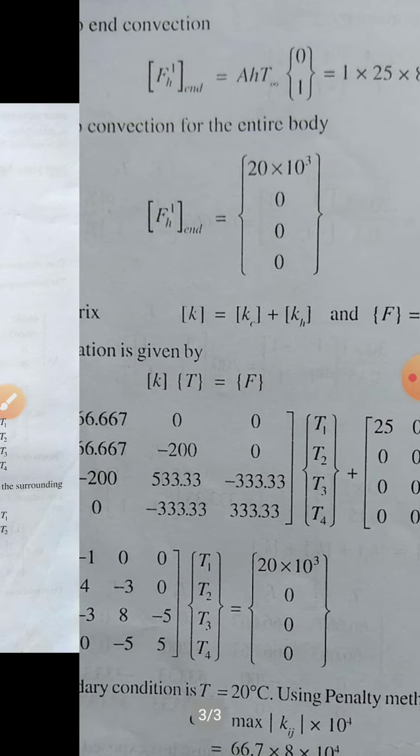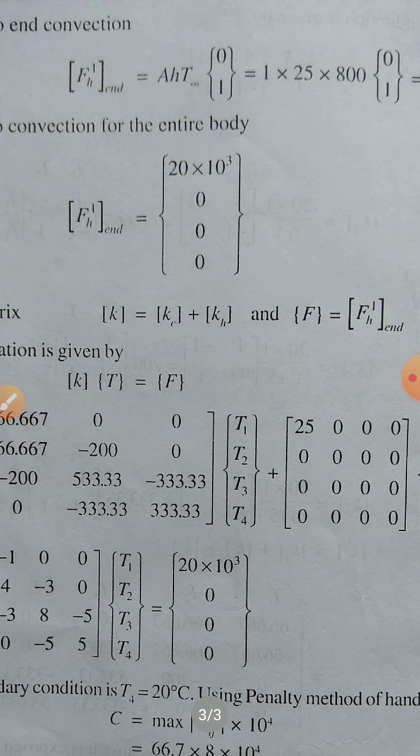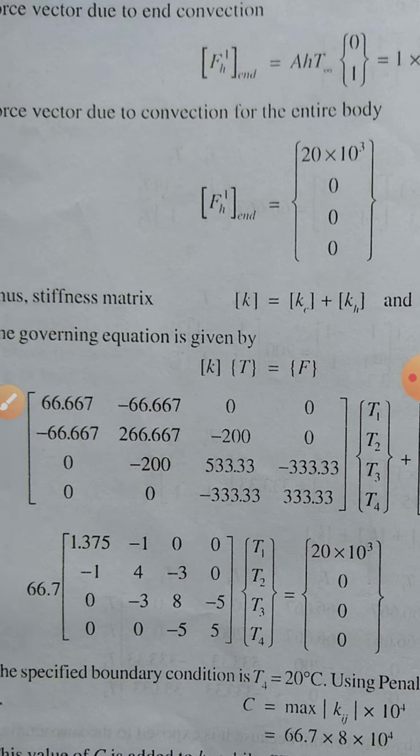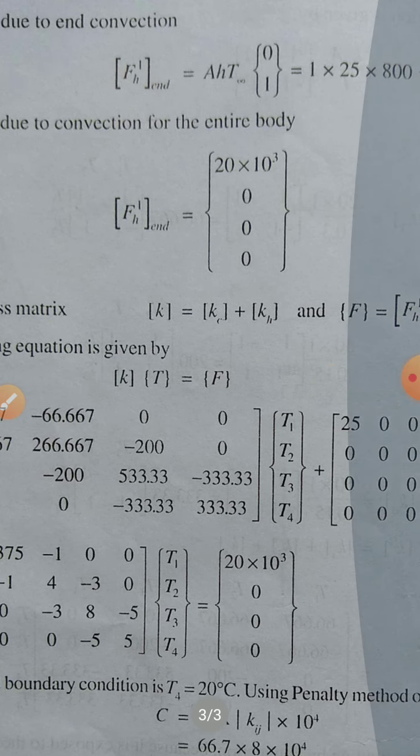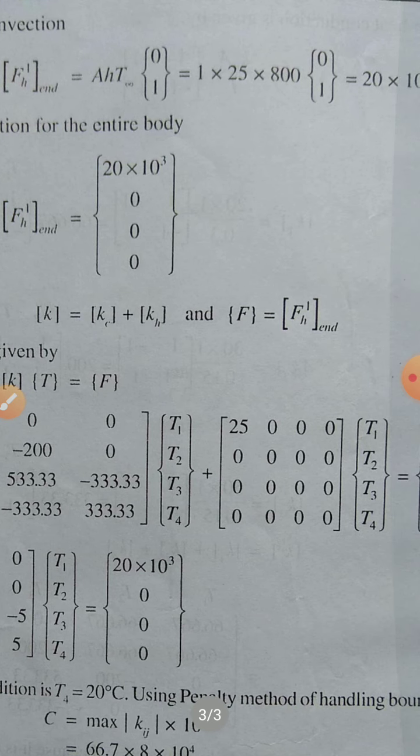Now we know the stiffness matrix K is equal to Kc plus Kh, that is the stiffness matrix for the conduction and the stiffness matrix for the convection, and F is the force vector.